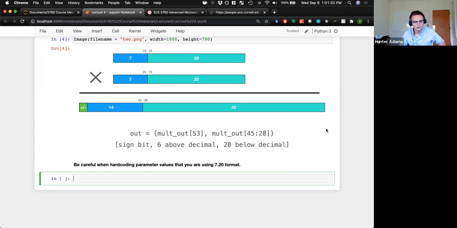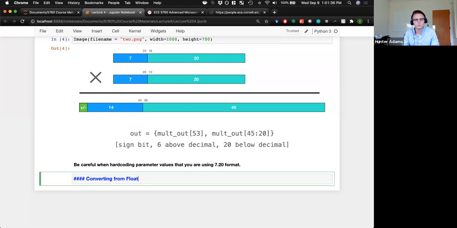Okay. I wanted to briefly mention converting from float to fix, both directions.